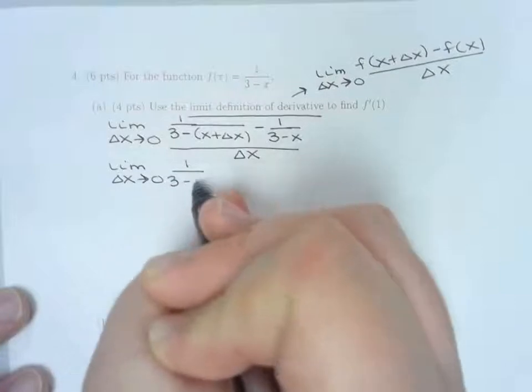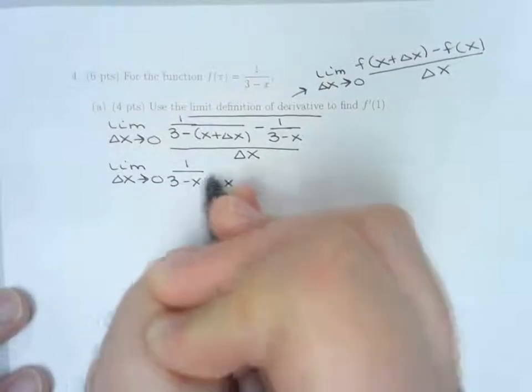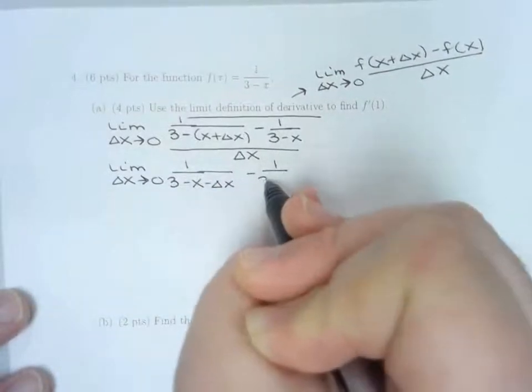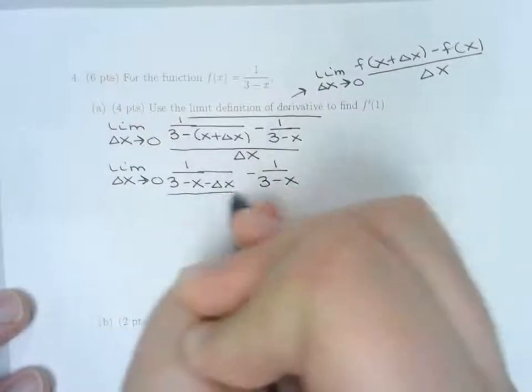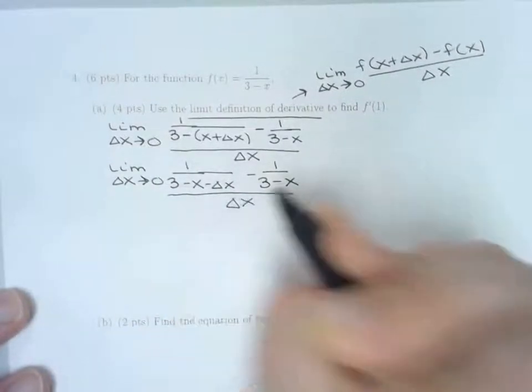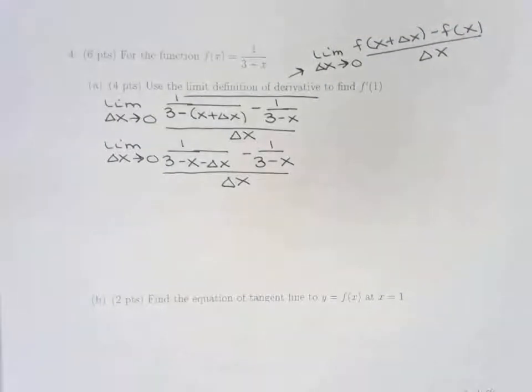So 3 minus x minus delta x, minus 1 over, you could have done that step together, but whatever. As I look at this, next thought. Anytime you have complex fractions like this, with multiple fractions, common denominators is usually a good place to start.